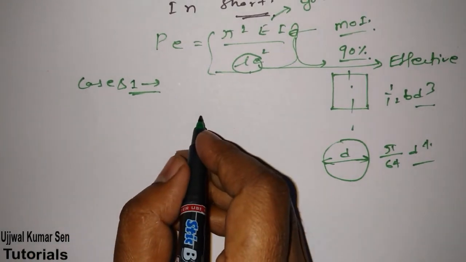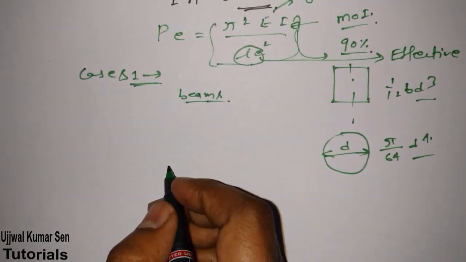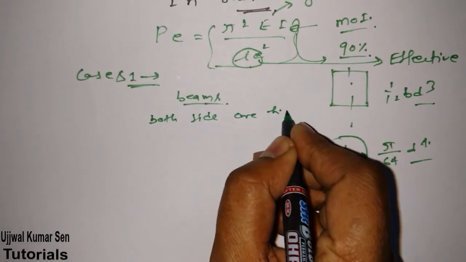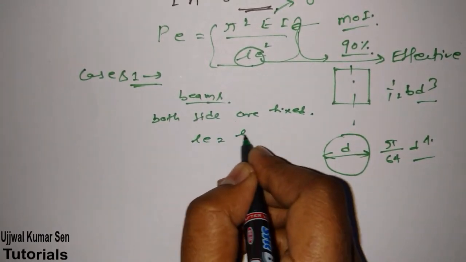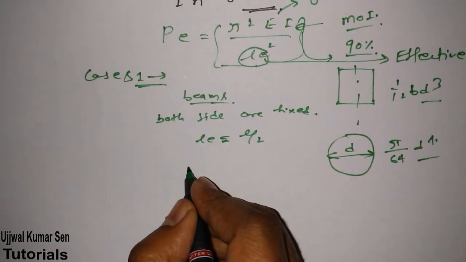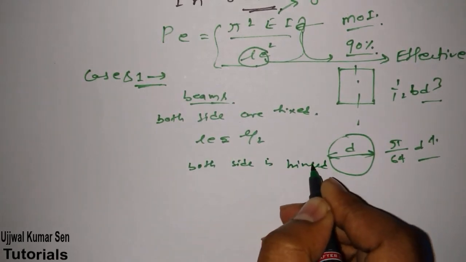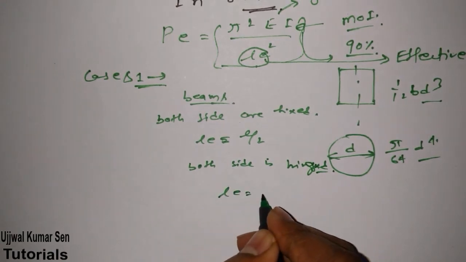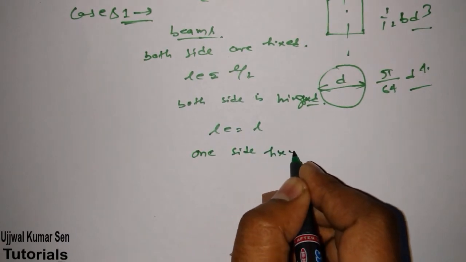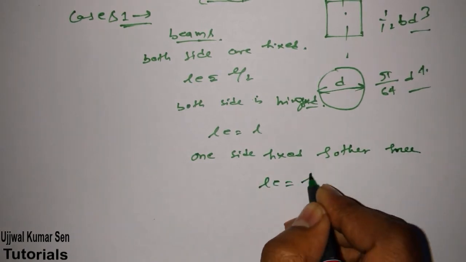Suppose we are taking beams only. Suppose that in a beam both sides are fixed, therefore effective length is equal to L by 2. If both sides are hinged, then LE is equal to L. If one side is fixed and the other hinged, then LE is equal to L by root 2.